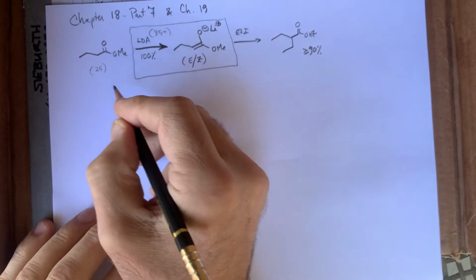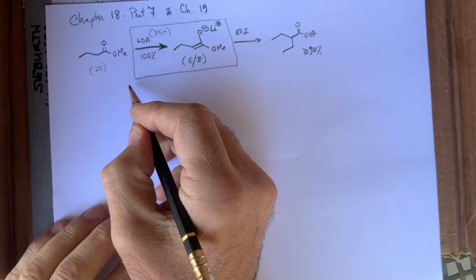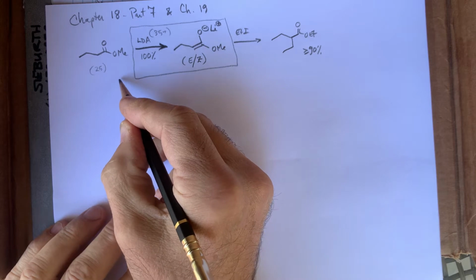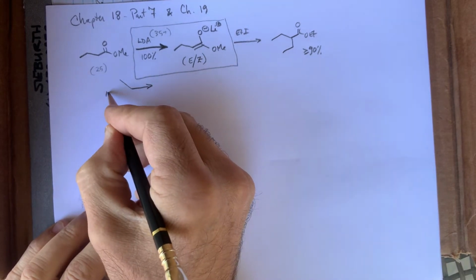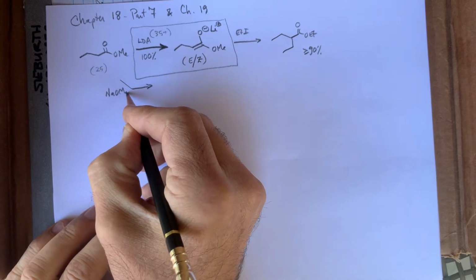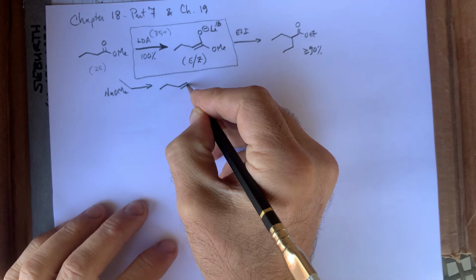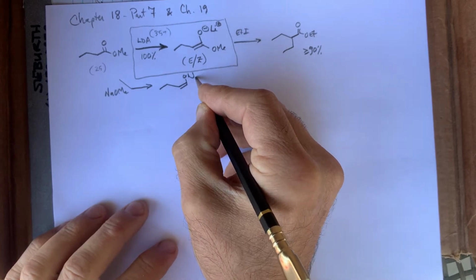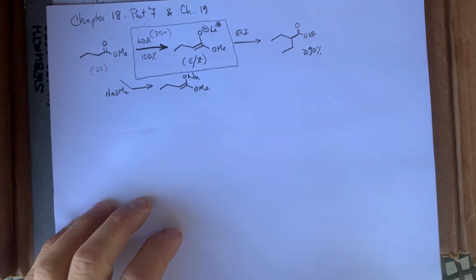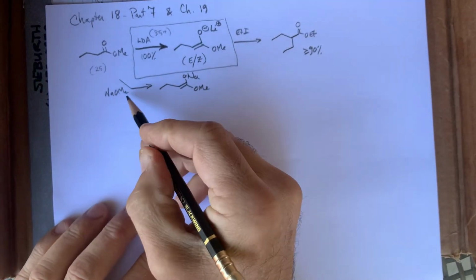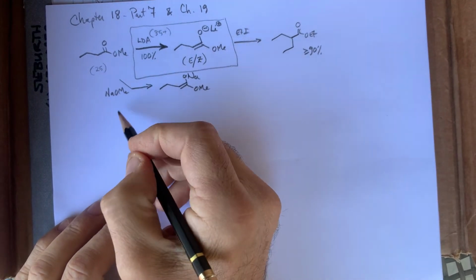Now, before LDA, we didn't really have a good, super strong base, but we had things like alkoxides, right? And you could use that. So now I've switched to the sodium salt here, because lithium methoxide is not a very soluble base.